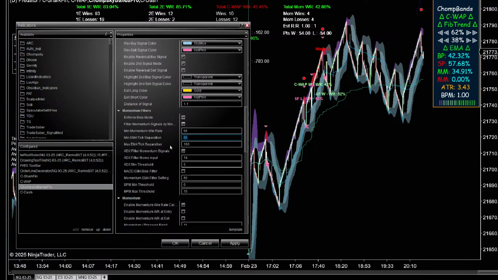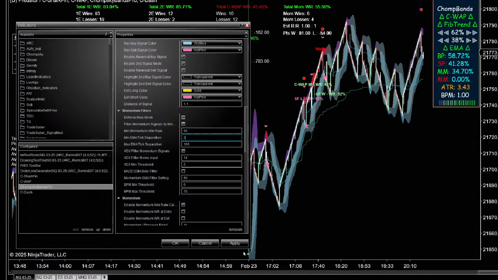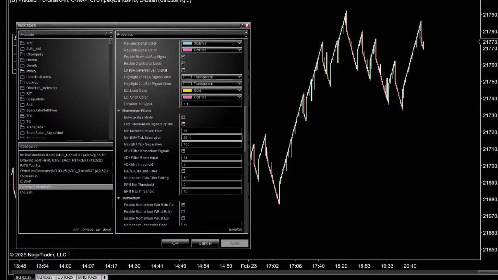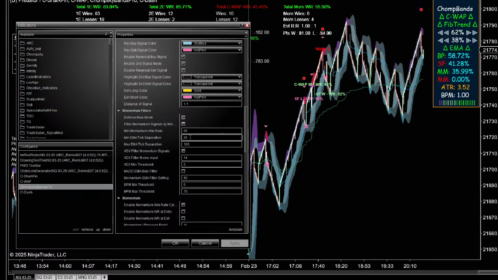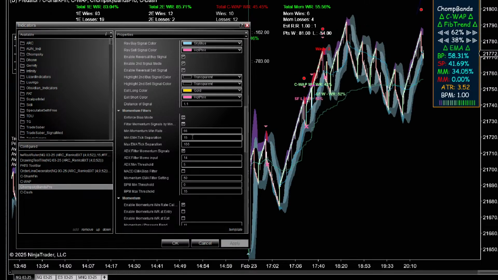That means the fast and the slow EMAs have to be that far separated in order for it to take trades. And so it will filter out some of the trades that are more rangy if it's set to a higher setting. And this will vary depending on your chart.